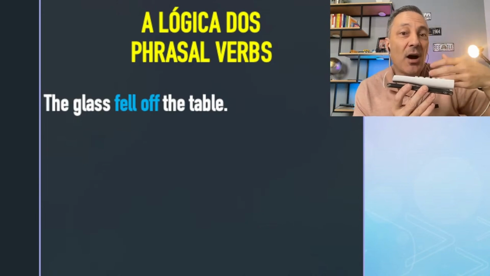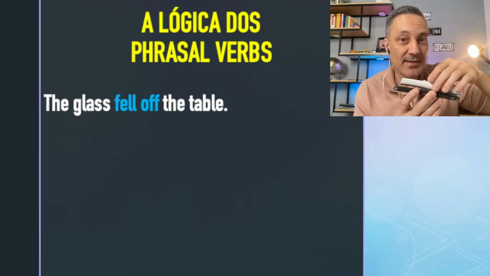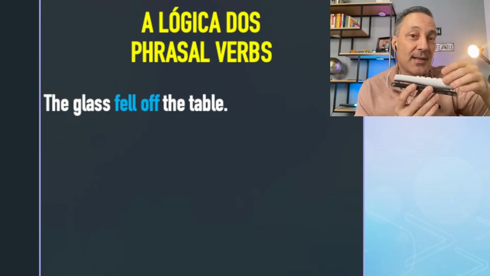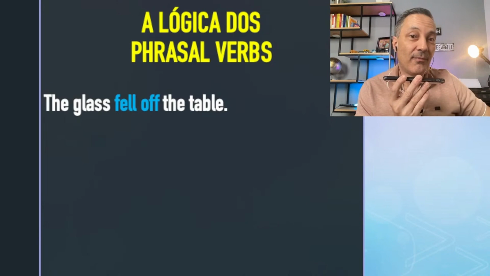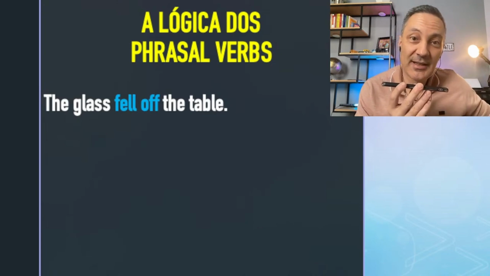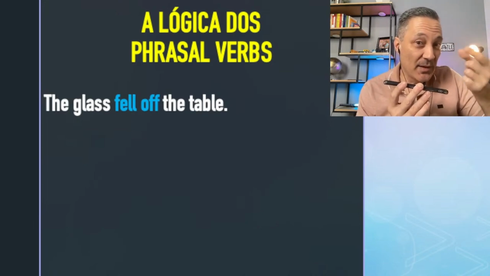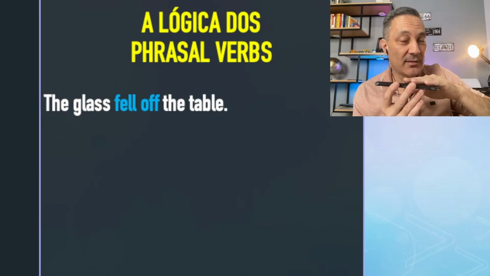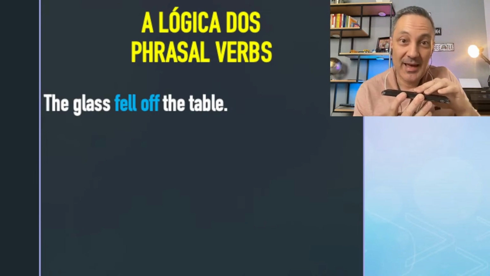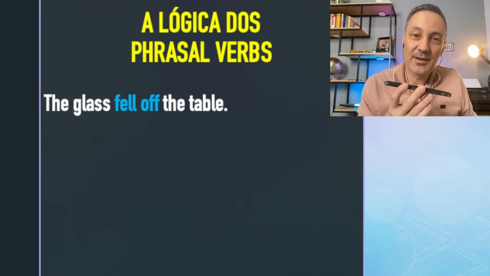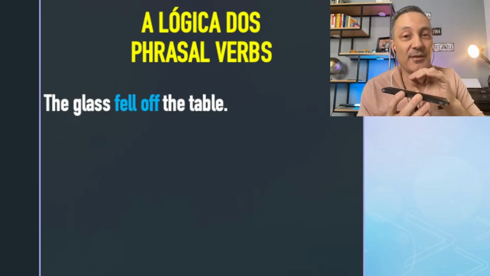I don't know, if I knock on this glass, okay? If I knock on the glass, it will fall off the table. So when we use the word off, we mean that something was in contact with a surface and now it's not anymore. Okay, so off is the opposite of on.